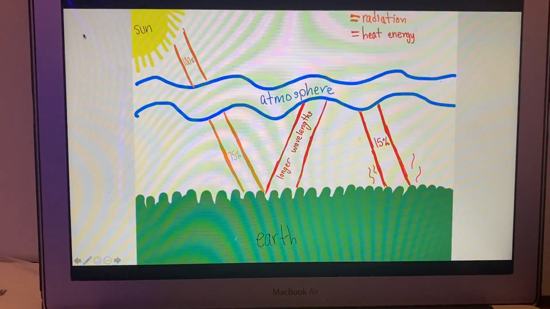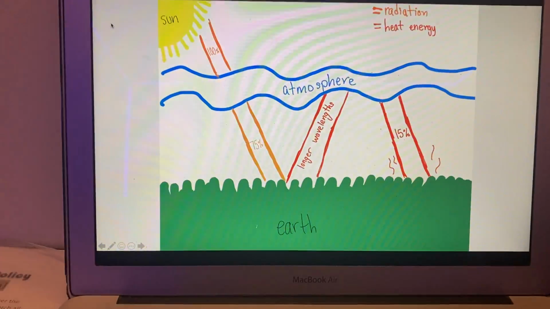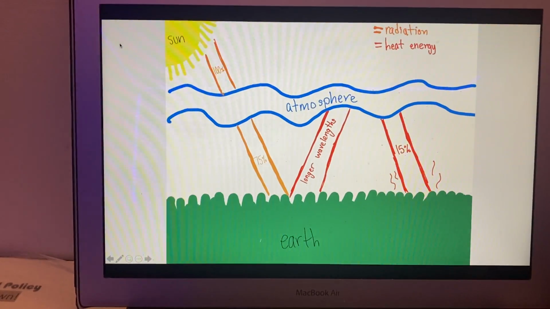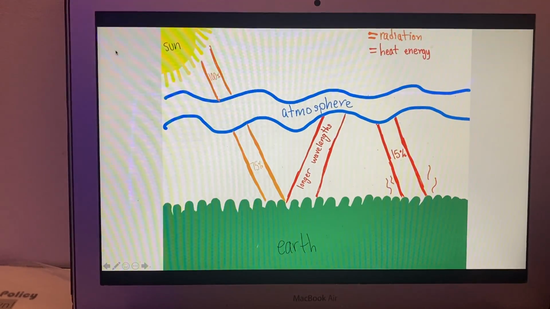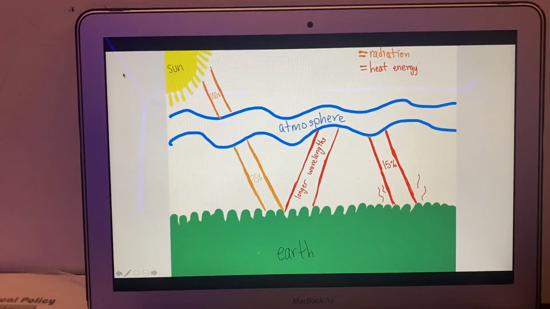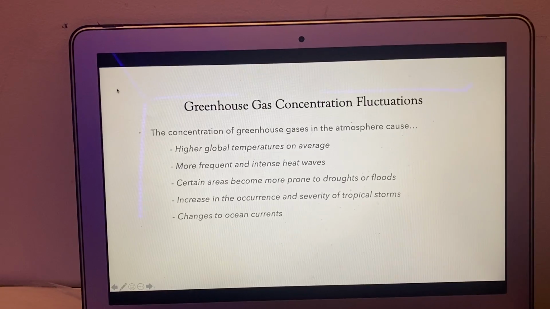Now, when I say carbon dioxide, it's because the atmosphere is made up of carbon dioxide and other things. So when the concentration of carbon dioxide increases, the amount of heat repelled back also increases. But this is something we're going to get into later in the lesson.